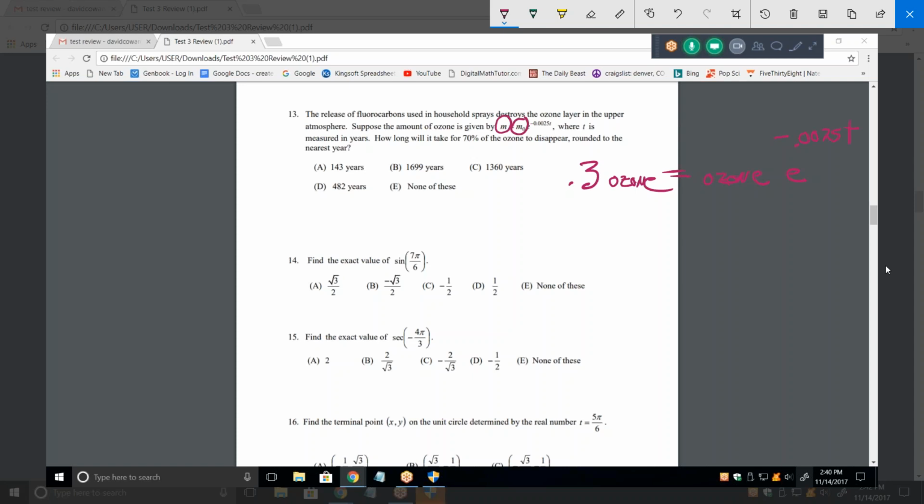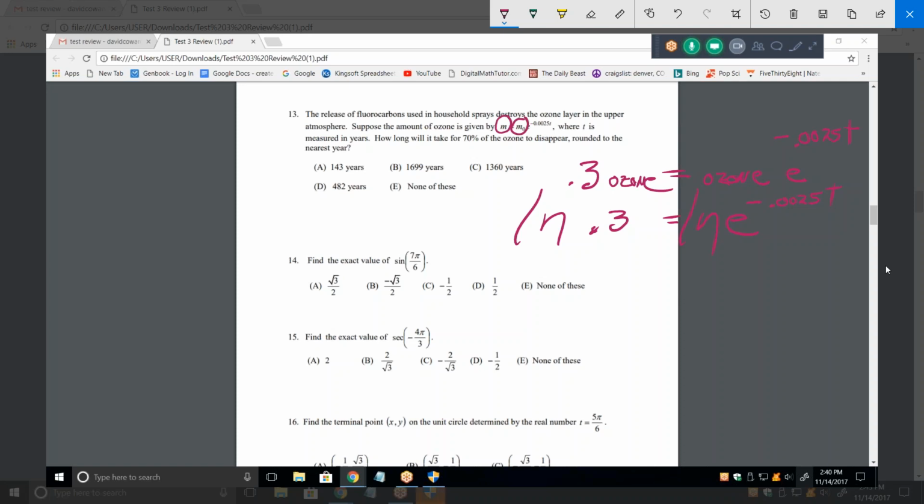And that's always the case when they give you these problems where they say, how long does it take to double or triple or quadruple or to go in half? It doesn't matter what you start with. Whatever you start with is going to divide itself out. In other words, if I divide both sides by ozone, I get this. Now solve. And then you take the natural log.